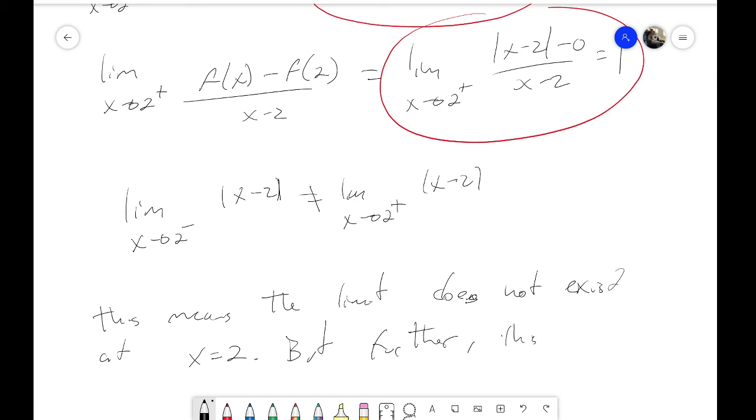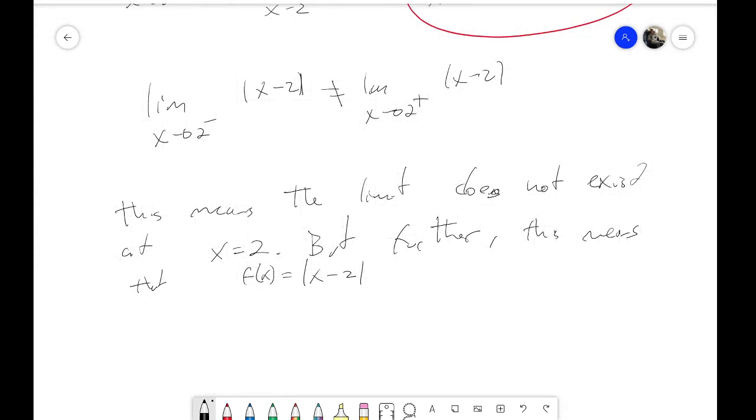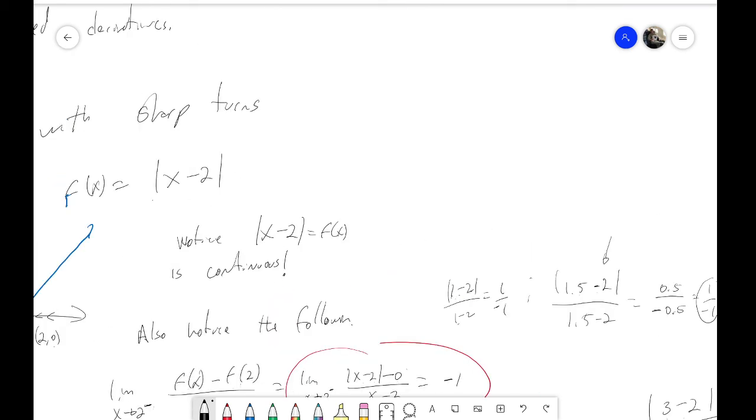But furthermore, this means that f of x equals the absolute value of x minus 2 is not differentiable. If you go back to the definition of what it means to have a derivative, it means that the limit exists for all x's.